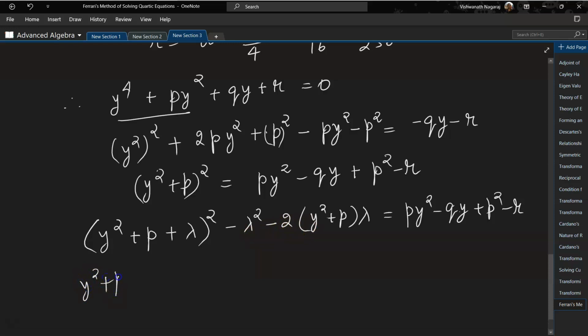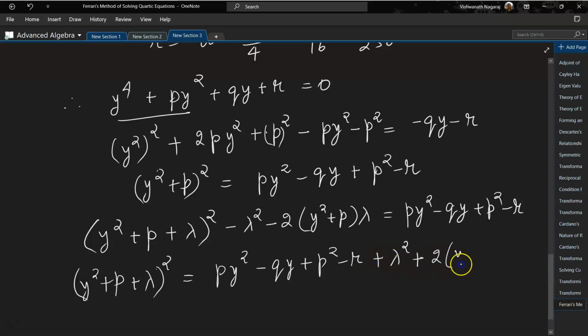So (y² + p + λ)² is equal to, what will we have? We will have py² minus qy plus p² minus r plus λ² plus 2(y² + p)λ.